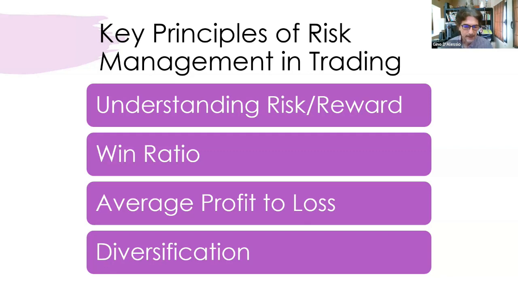Now, this is the same in trading, because if you're going to trade Forex, for example, and you take a position in euro-dollar, and then you decide to take a position in sterling dollar, basically you're taking the same position twice. So your risk is not diversified.